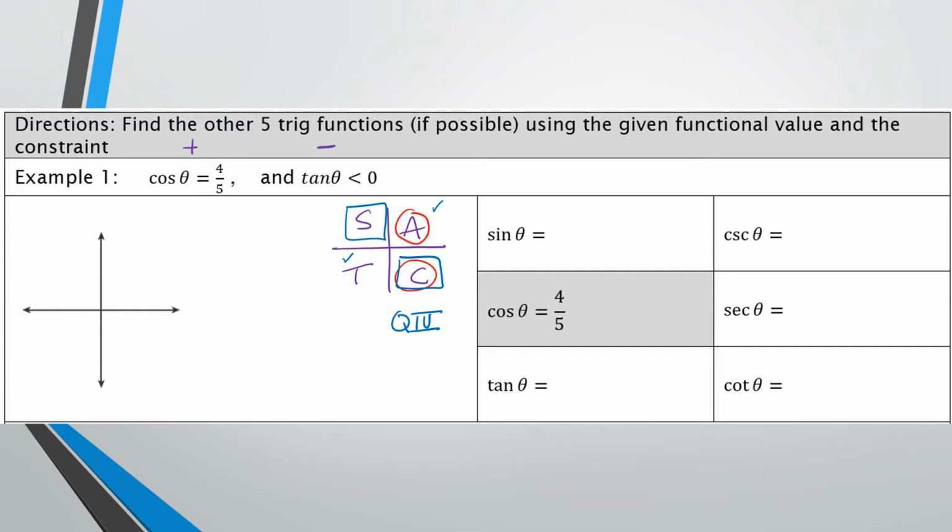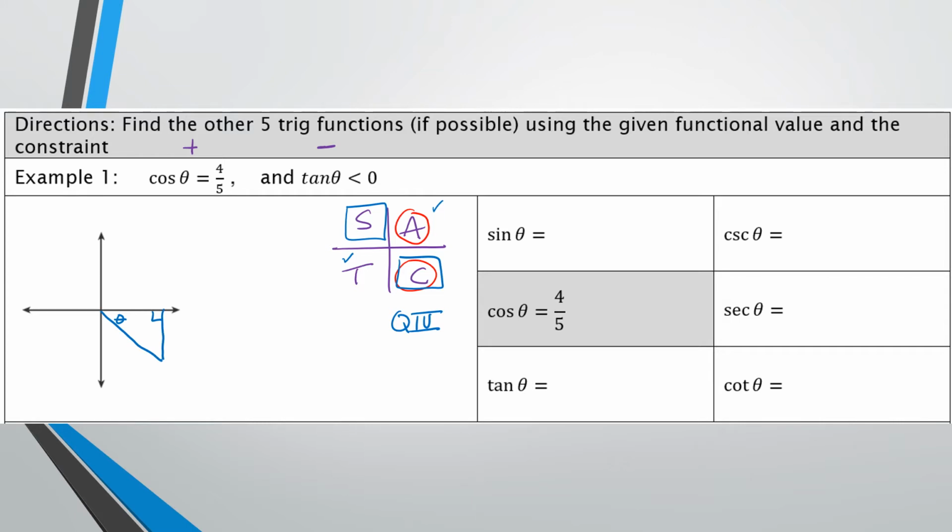All right, so I'm going to draw a right triangle in quadrant 4. And of course, our theta is going to be the angle that's at the origin. Now, this is a little bit different than what we had before. Before, we were given an ordered pair, and then we could figure out our x and our y from there. This time, I'm given some different information, and there's a key to knowing where to put this stuff.